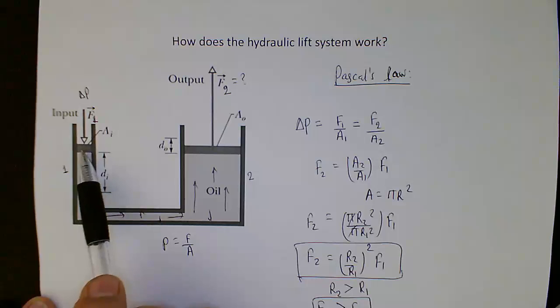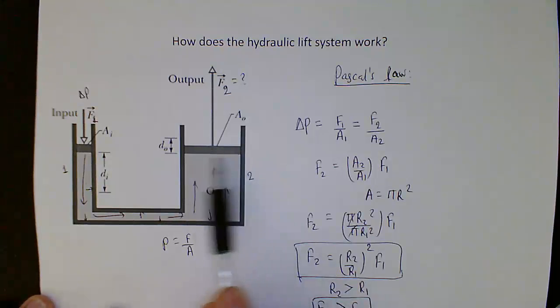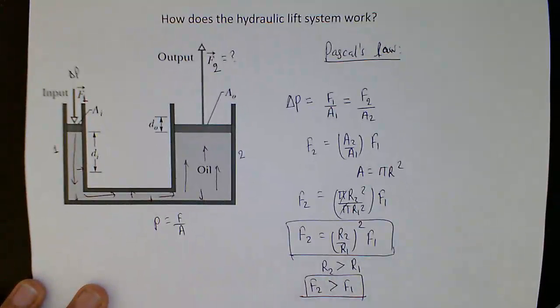So if I exert, say, 100 pounds of force here, it can create thousands of pounds of force on this wider section of the piston, and that is enough to lift a heavier object. So that's the main working principle of the hydraulic lift system.